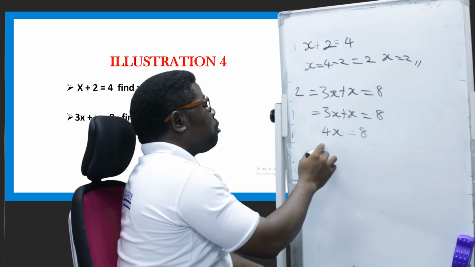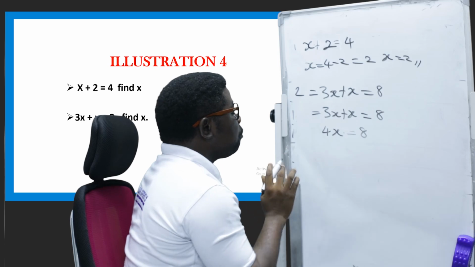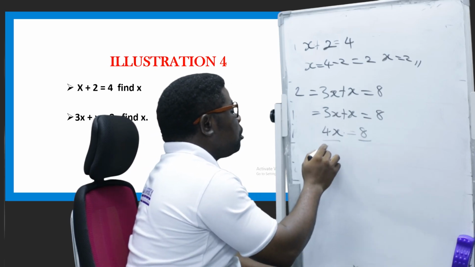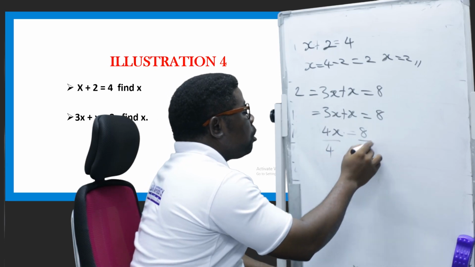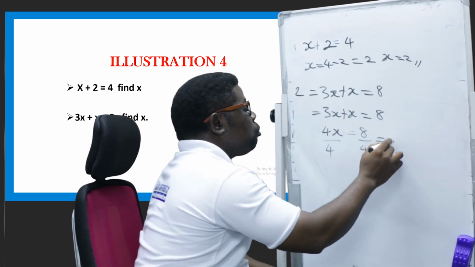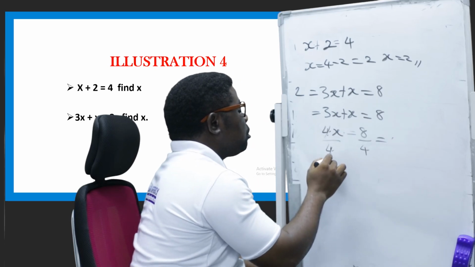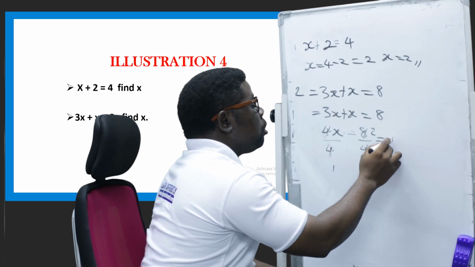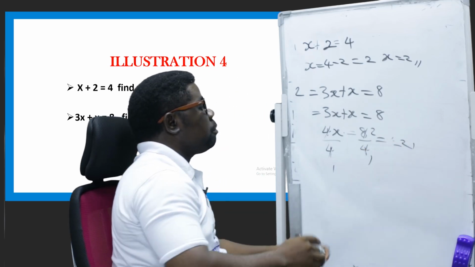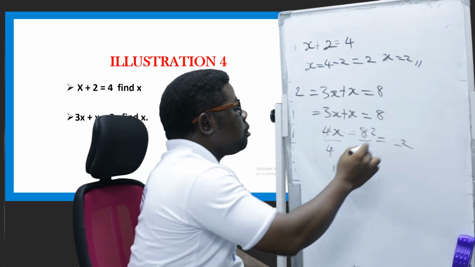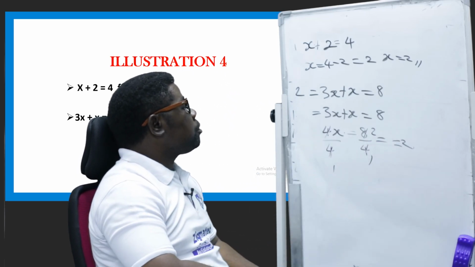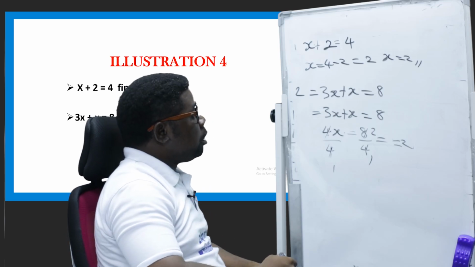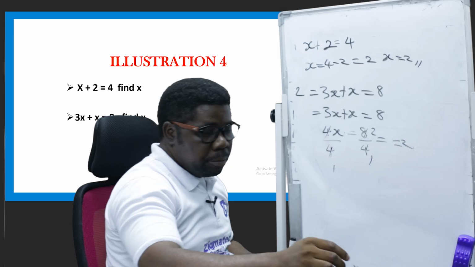So what do we do? Make x the subject of the formula. Divide both sides by 4 to get x. So divide both sides by 4 and you have x is equal to 2, since 8 divided by 4 is 2. So x is equal to 2. That's how you get your x. So yes, move ahead.